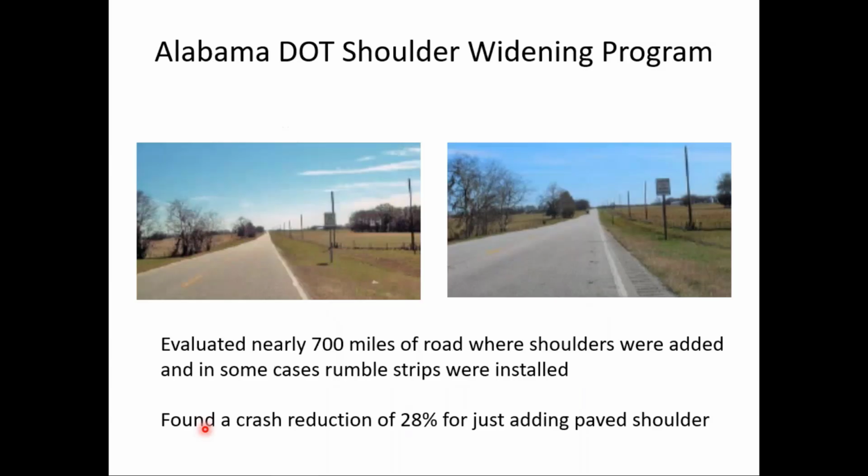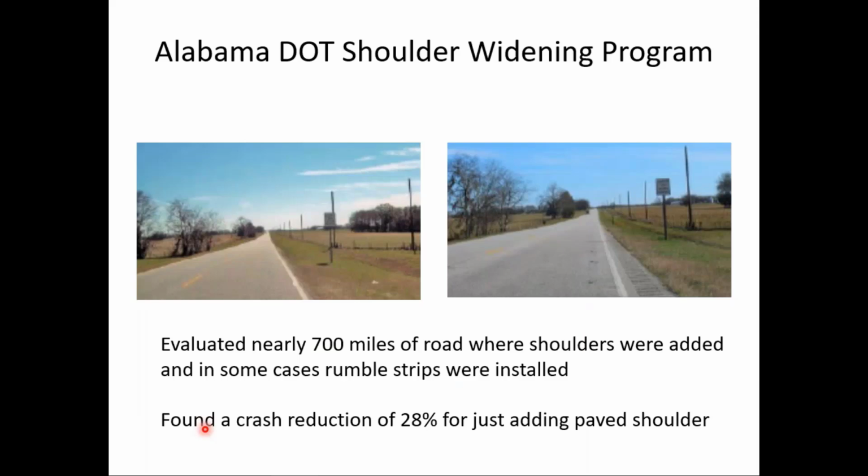And there are numerous examples of studies like this or related to this around the country. Here's an example from the Alabama DOT, which a few years ago implemented a shoulder widening program. You can see they looked at nearly 700 miles of basically 2-lane roadways where shoulders were added.